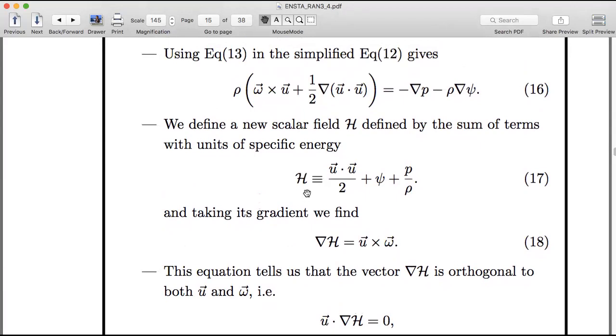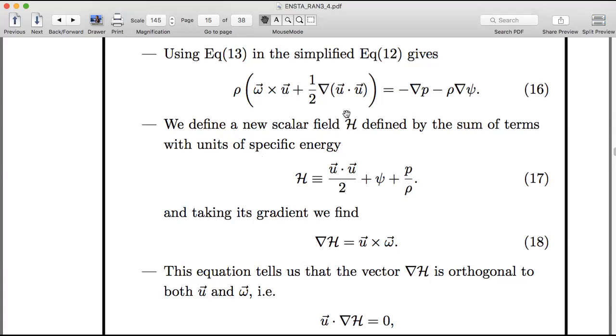It's convenient to define a scalar field, curly H, that has units of energy per unit mass, specific energy. And it's made up of three parts.